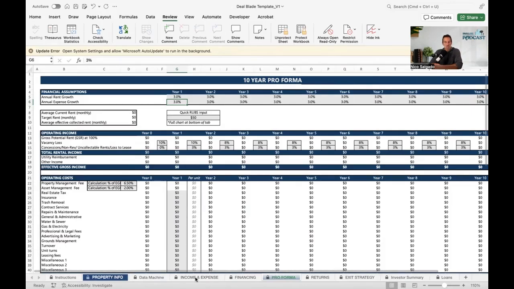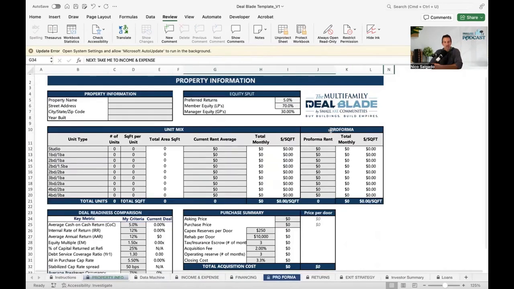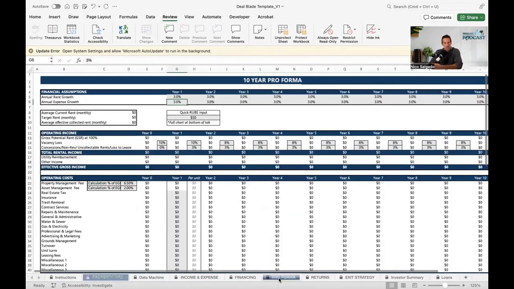Now, we're going to look back once you have filled out the property info tab. Your pro forma rent is what you filled out, and that feeds over to this pro forma tab. And right here, you're going to see populated the average current rent based on today's rent roll that you input from the rent roll. Then the target monthly rent.